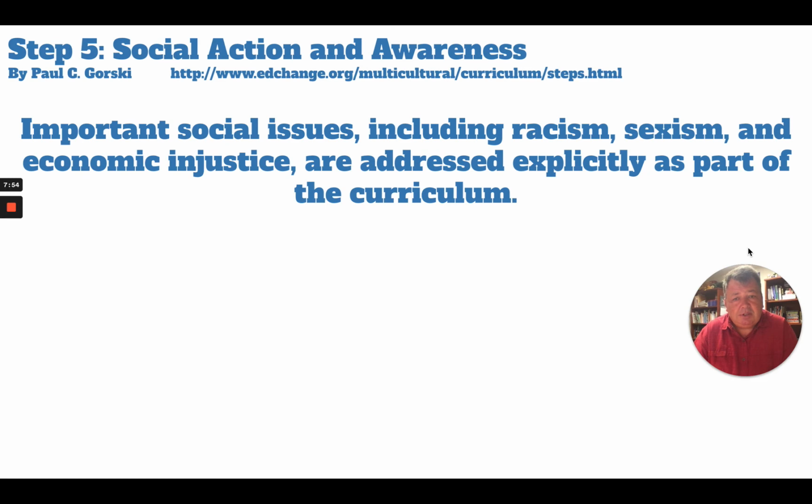After this step, you start getting into step number 5, the social action and awareness step. And this is really a hard step to move into. It can be really hard even for classroom teachers because it's asking teachers to start integrating more important, complex issues. How do you talk to students about the Black Lives Matter movement, about social injustices?